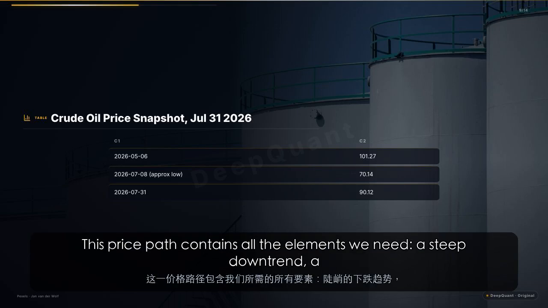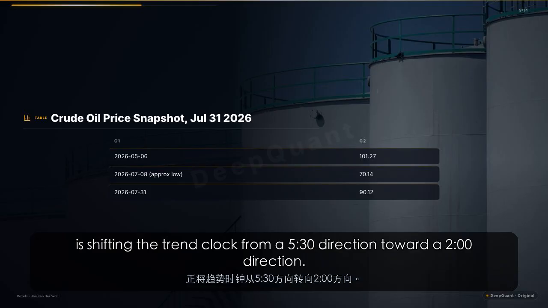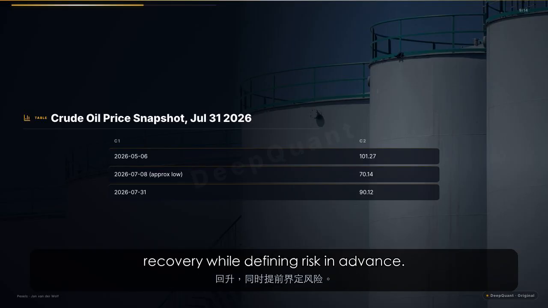This price path contains all the elements we need: a steep downtrend, a potential hallmark low with climactic volume, and a subsequent recovery that is shifting the trend clock from a 5:30 direction toward a 2 o'clock direction. We will examine whether a systematic trade plan would have captured this recovery while defining risk in advance.